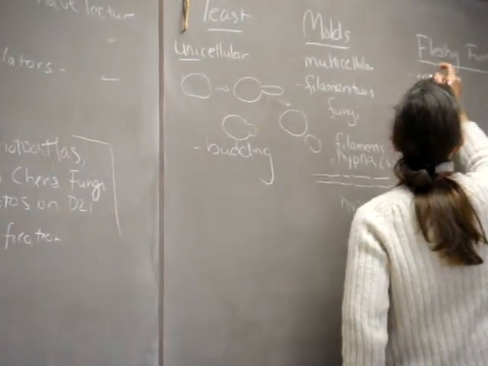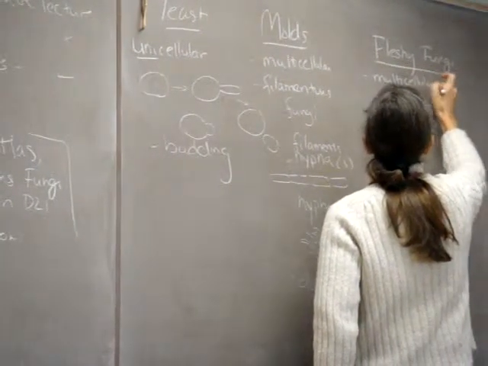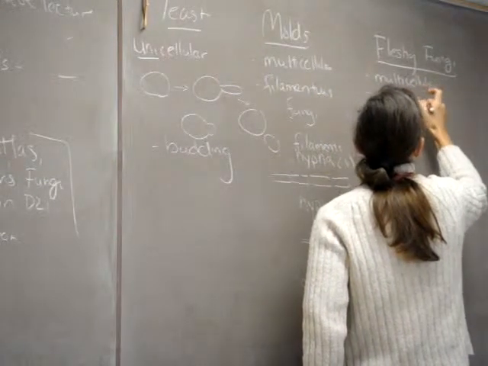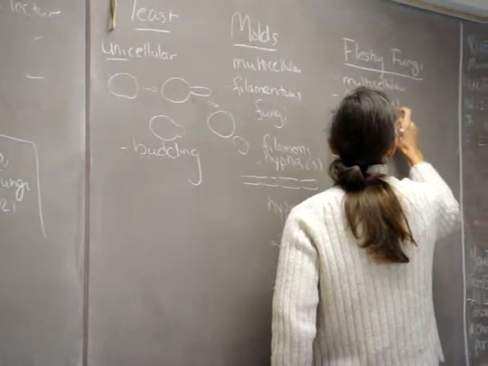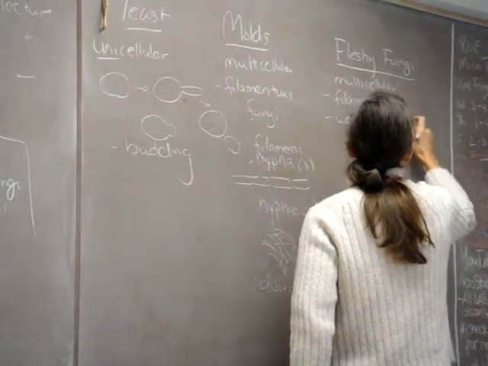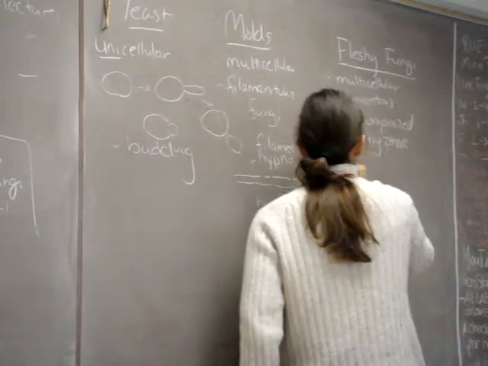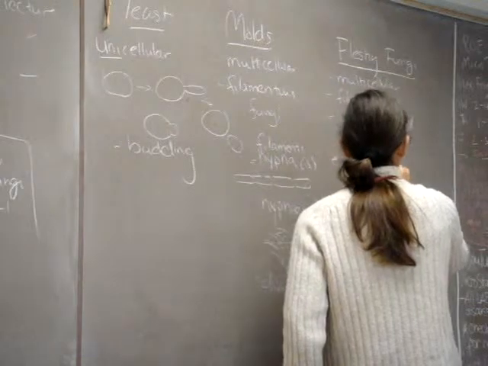They're multicellular, they're filamentous, but their hyphae are very well organized into distinct structures. They have well organized hyphae. And a great example of fleshy fungi are mushrooms.